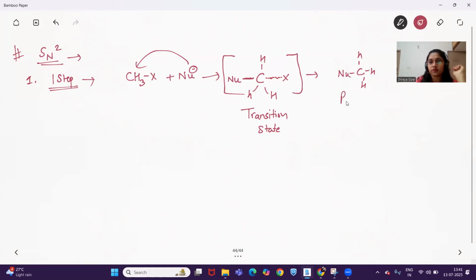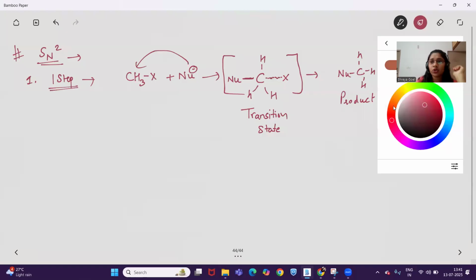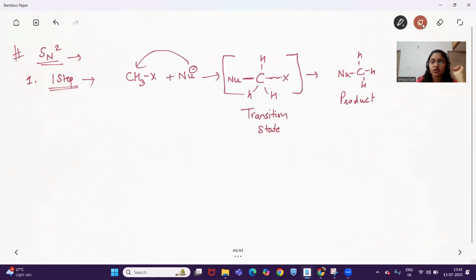Right. So this is our final product. So this is the only one step reaction. Now you can see here only the transition state will form. So the second point is that the transition state will form, and the transition state is not stable. That's why it breaks and we finally get our product.